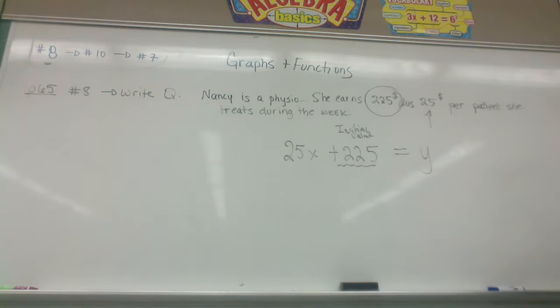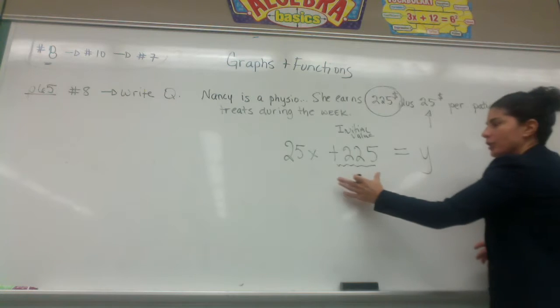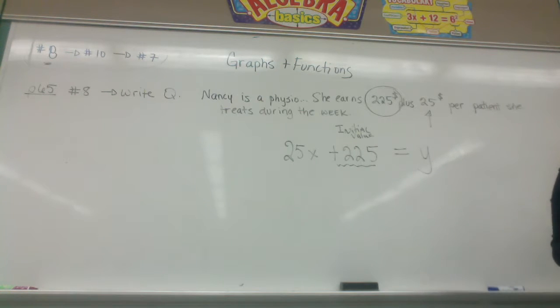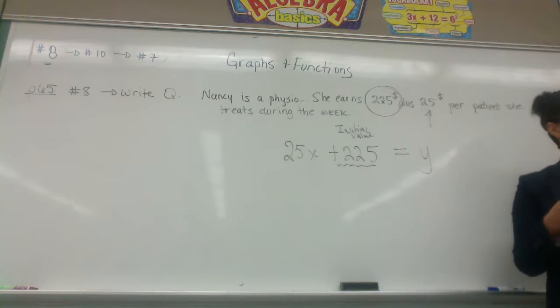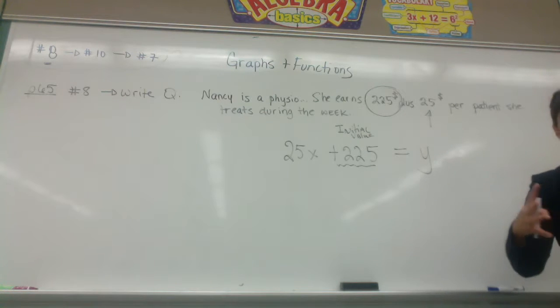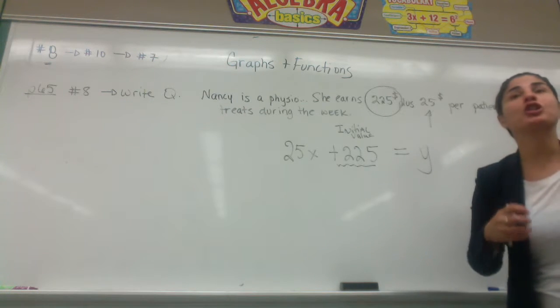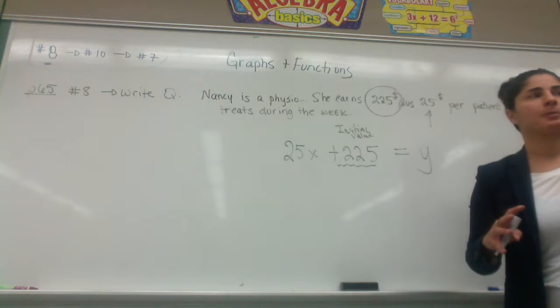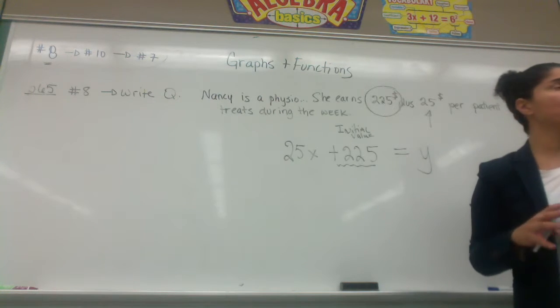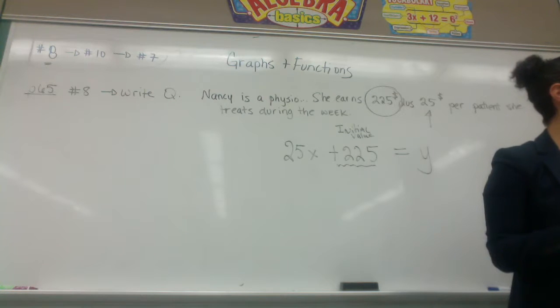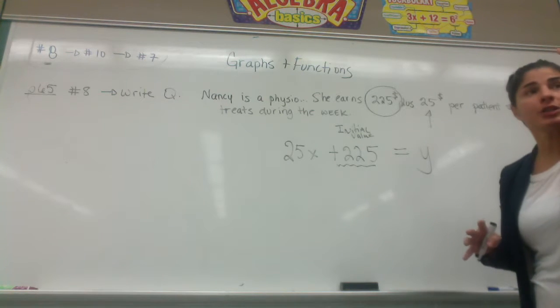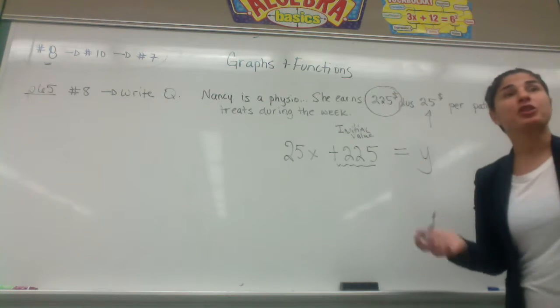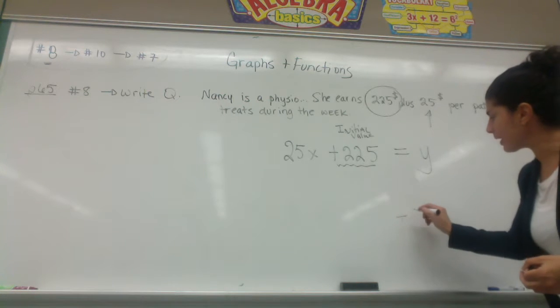Let me give you another example of how to use the rule in a situation where there's an initial value. So let's say a taxi, you walk into a taxi and it costs $3 before you even move. $3 before you move, before you drive anywhere. The $3 would be the initial value. So you would have the plus 3.